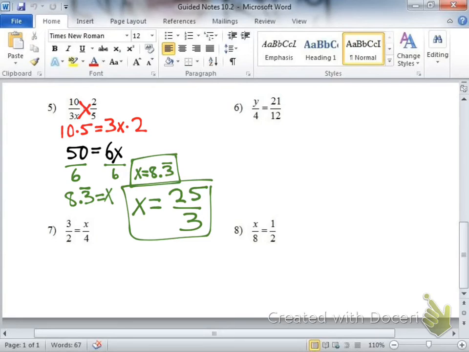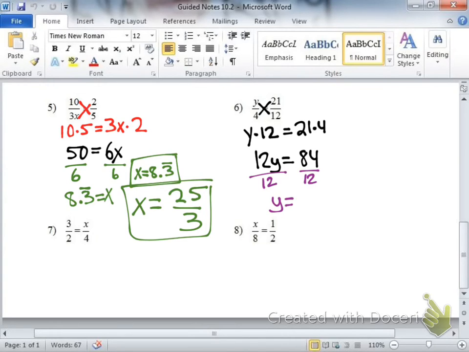Number 6. What are the first two things I need to multiply? Y and 12. What are the next two things I need to multiply? 21 and 4. What is y times 12? 12y. What is 21 times 4? 84. And how am I going to get the y part by itself? Divide both sides by 12.